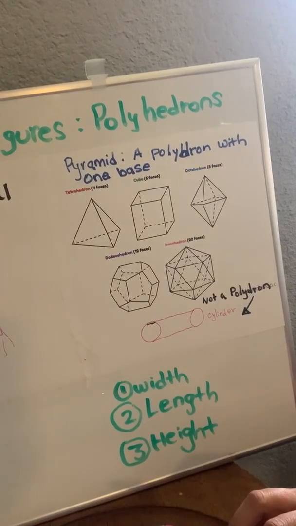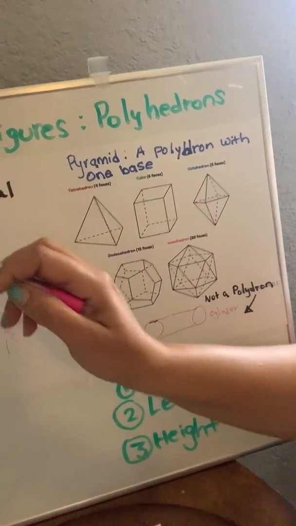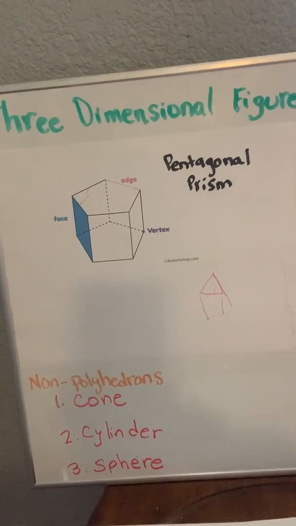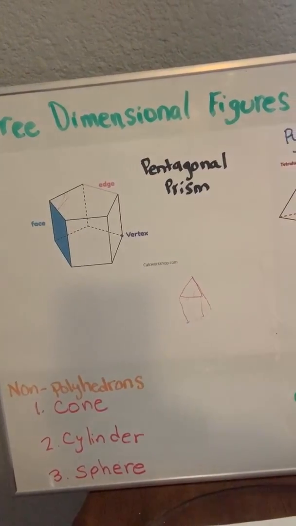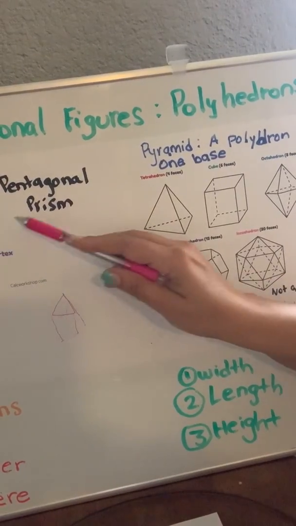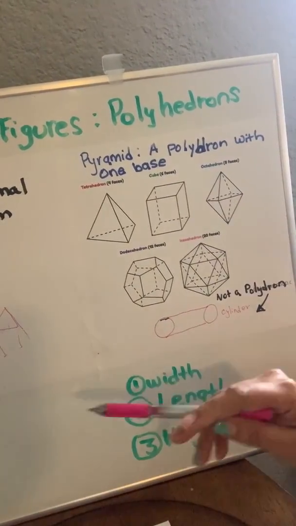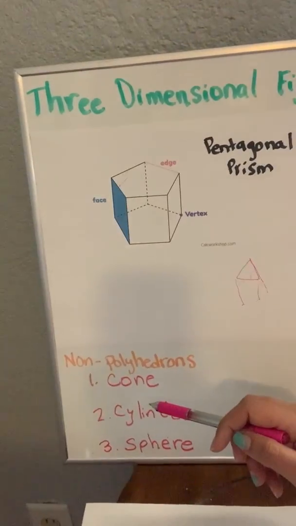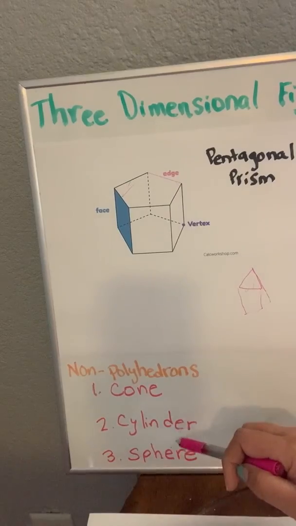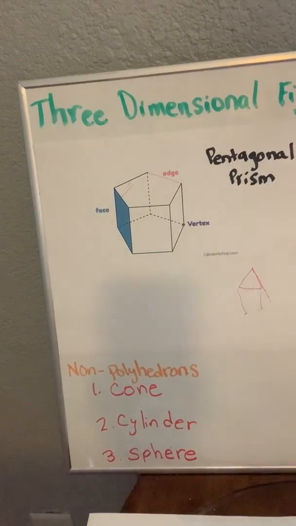Now, we also have certain shapes that are not polyhedrons, but we think they might be because they're three-dimensional. Our title says three-dimensional figures, so it includes polyhedrons and non-polyhedrons, okay? So we're doing both. These are the polyhedrons, the prisms and the pyramids, and the non-polyhedrons, look at the red here, are going to be cones, cylinders, and spheres. We know what a sphere looks like.